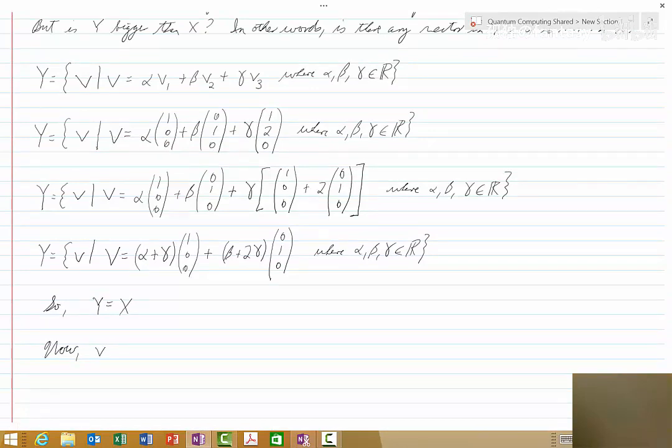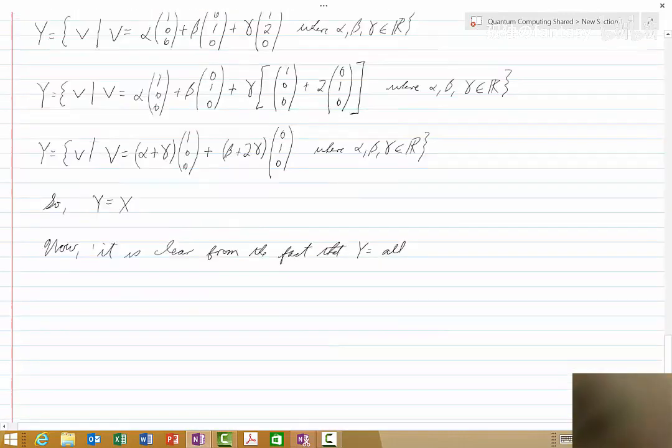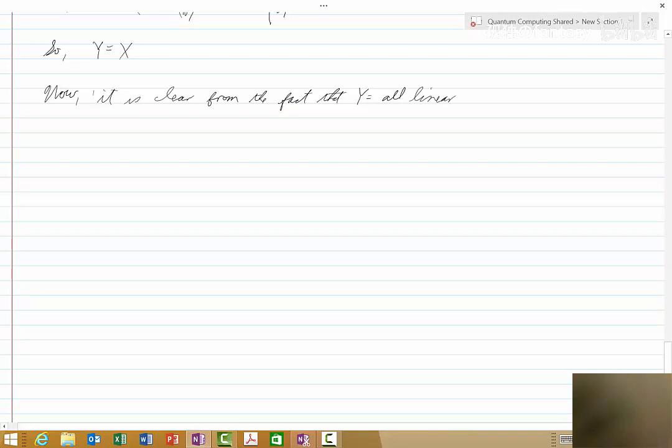Now let's say here, it is clear from the fact that y equals all linear combinations of V1, V2, and V3, that V1, V2, and V3 generate or span y. But y equals x.